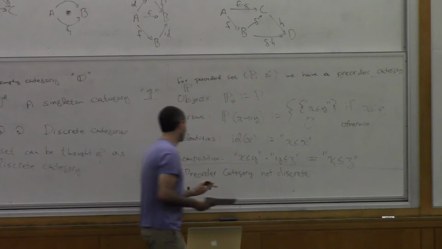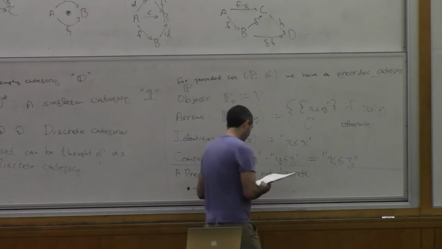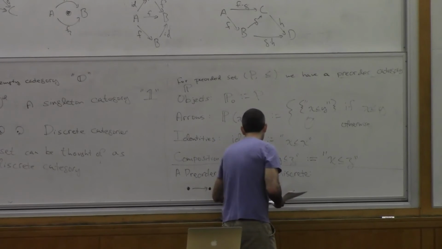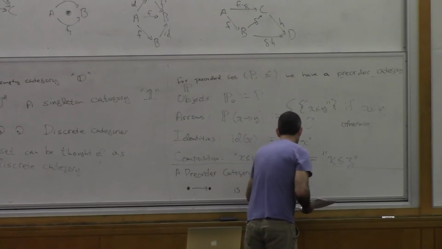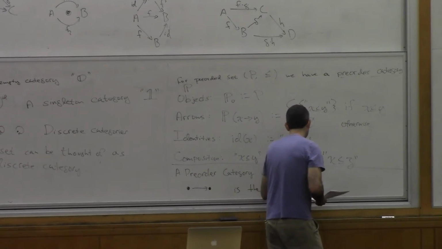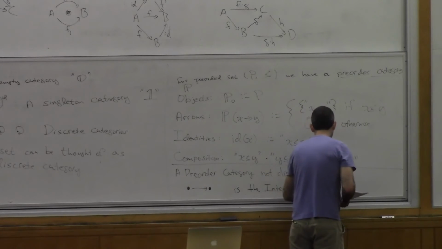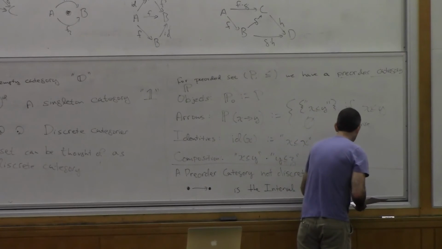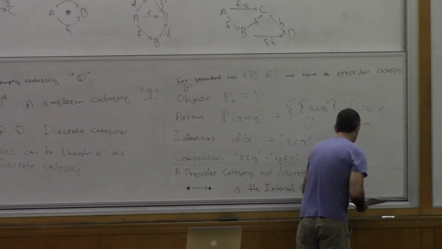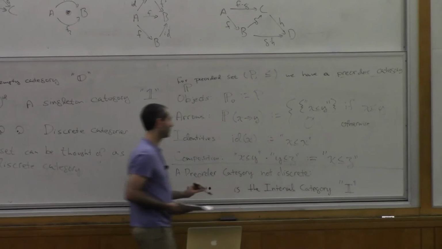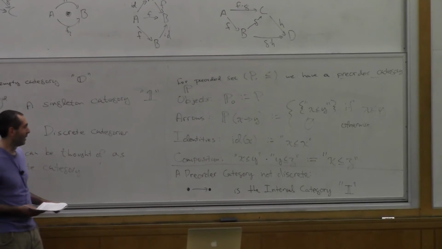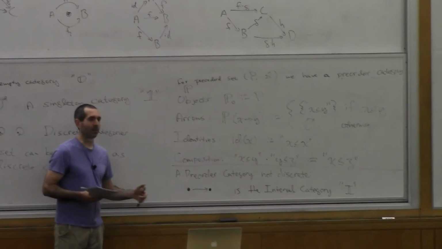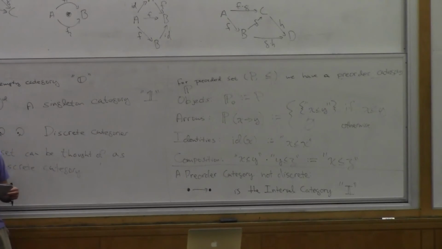And this thing is called the interval category. We write it with this blackboard bold I, which looks like Roman numerals. Sorry about that. It turns out that this is very important when we start to talk about the higher dimensional structure of categories. So keep this in mind.